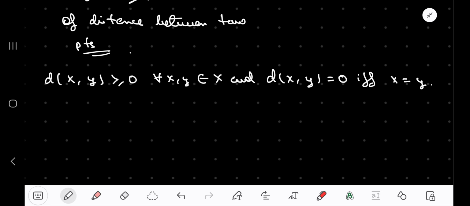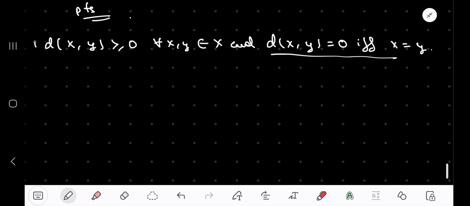There is also something called a semi-metric, in which you do not require this: if d(x,y) is 0, we need not require them to be the same vectors. That is a weaker, more general case, but we leave it as it is. So this is the first property.